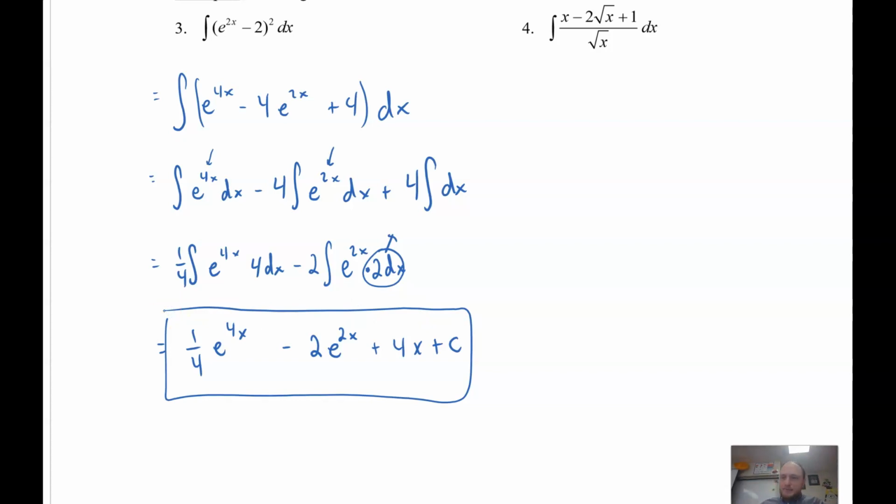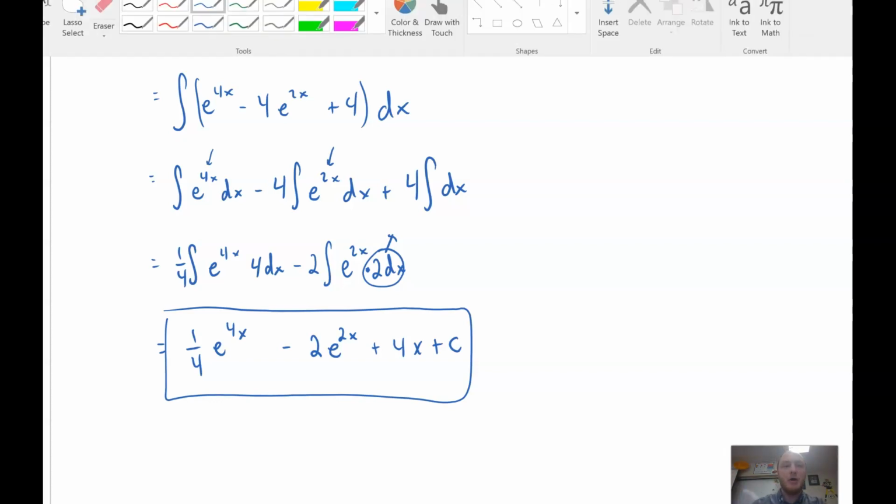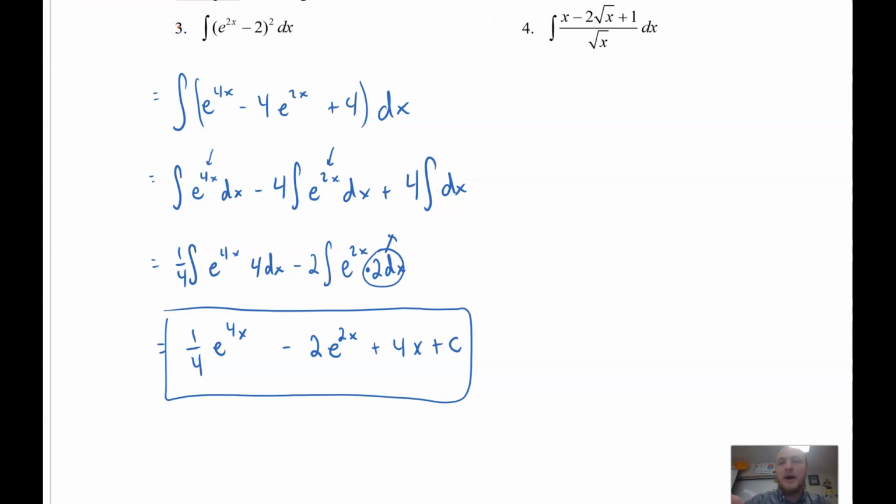All right. Let's look at number 4. On number 4, notice I've got a monomial in my denominator. What that means is I can divide everything. And what I'm going to do is switch all these to fractional exponent form.